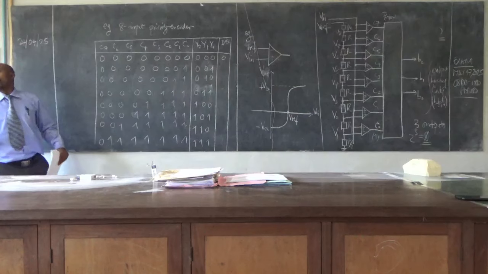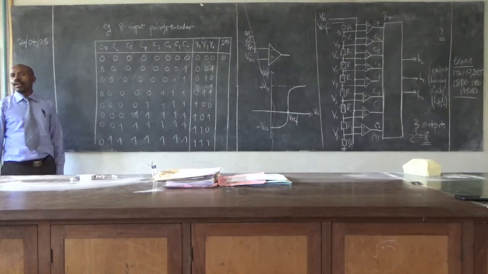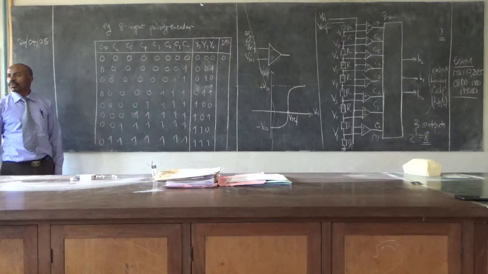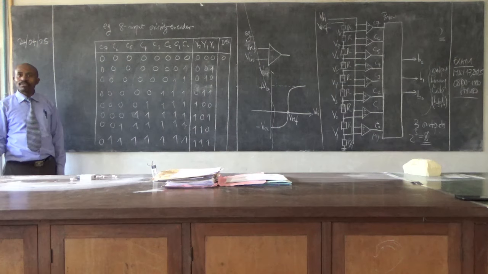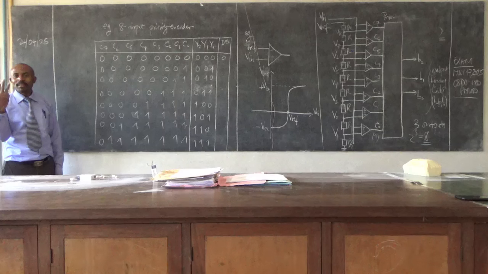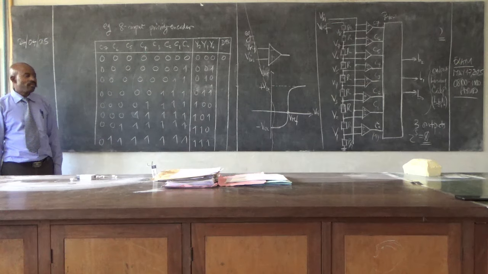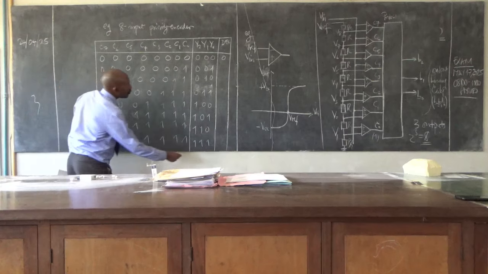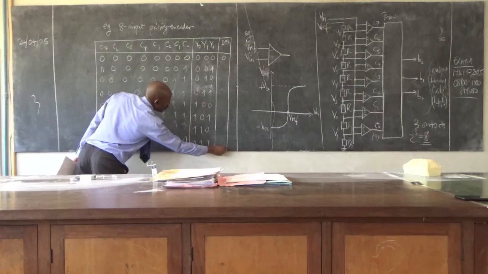When we have put a bunch of 8 inputs, that's why it is tough. You need 8 inputs just to produce 3 bits when you are converting from an analog to a digital signal.